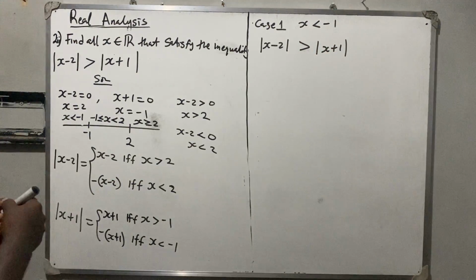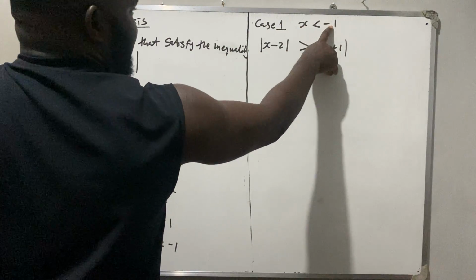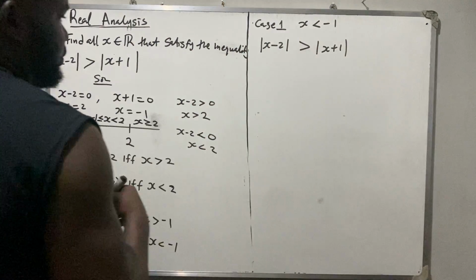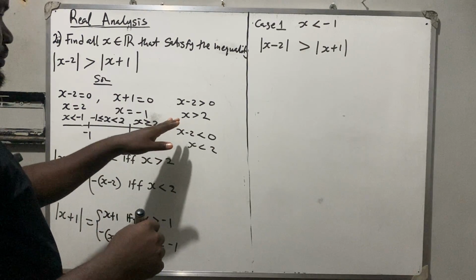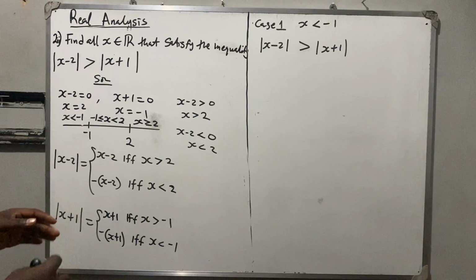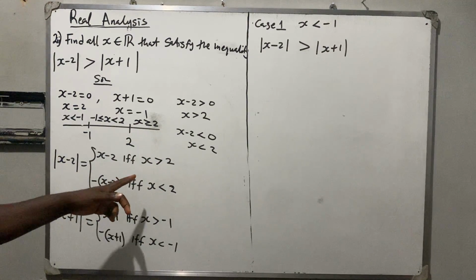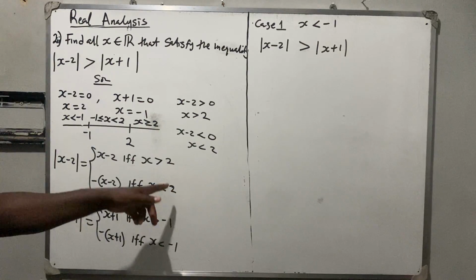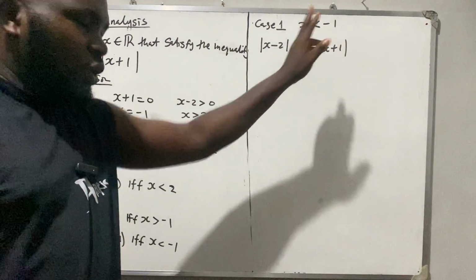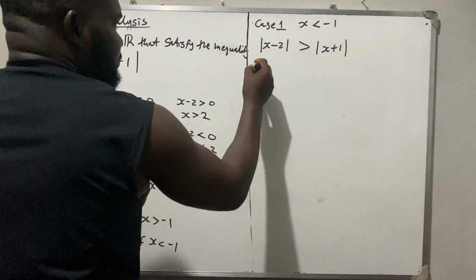So now let us have this. If x is less than minus 2, let us see what happened here. Obviously x should be less than 2. So in this case, this one is going to be negative of itself.